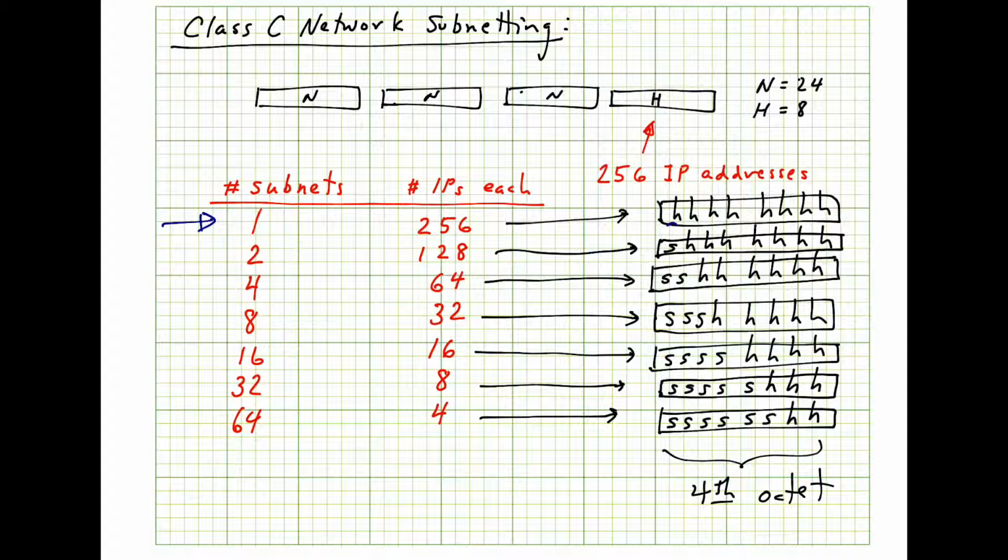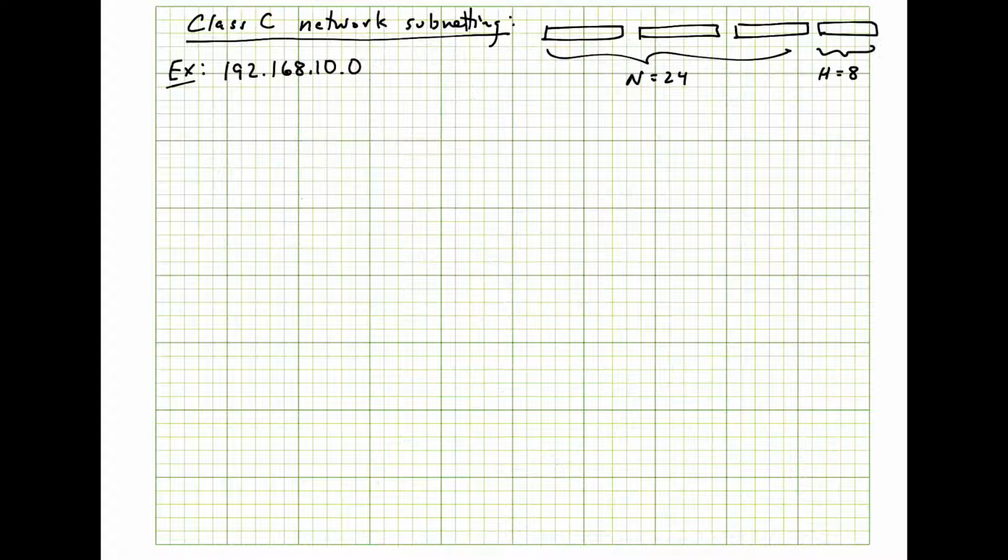Okay, and it takes us back to this table, where before I subnet, all 8 bits in the last octet are H bits. I can create 2 subnets by using 1 S bit, 4 subnets with 2 S bits, etc. So now I'm going to make a table that shows all the different ways we can divide this network up into subnets.